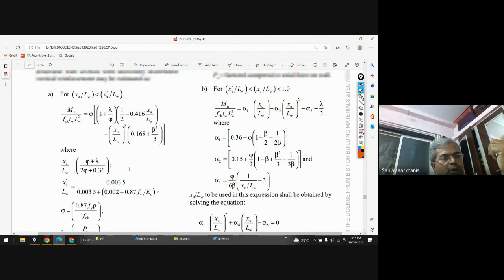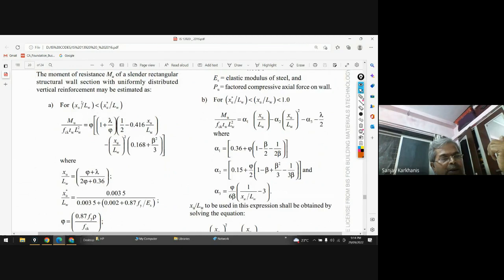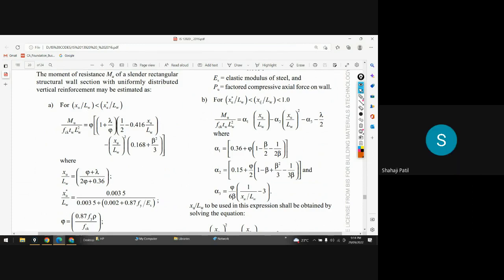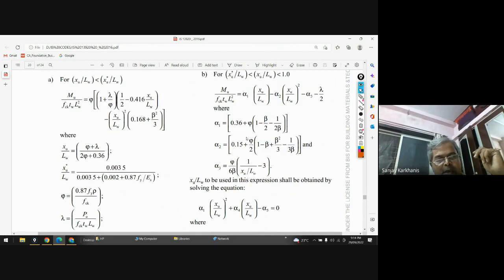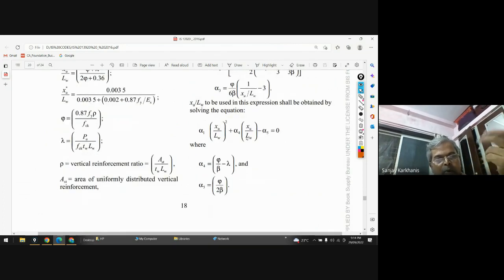So first you have to find out this case. Then if you are coming in this case where Xu star by Lw is less than Xu by Lw, and Xu by Lw is less than 1, then you have to go for this case B, and you have to find out again alpha 1, alpha 2, alpha 3, all that.